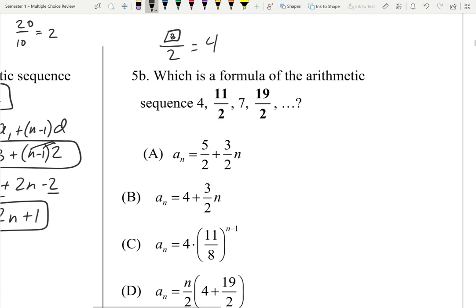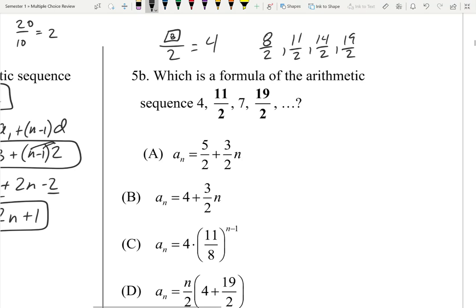So we could rewrite this as, instead of writing 4, if we wrote 8 halves, our next number was 11 halves, our next number is 7. So what number divided by 2 equals 7? And that would be 14 halves, right? 14 divided by 2 is 7. Then we'd have 19 halves.